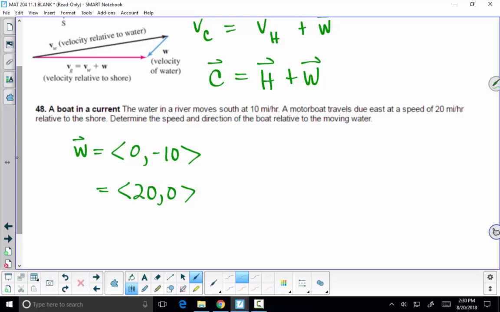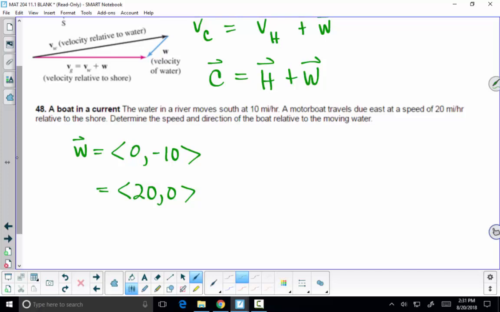So that's after the consequence of the current. So we're going to think about this as heading or course? Course, because that's where we're ending up, right? It says it's actually moving due east. So that's a pretty reasonable assumption to piece it together that way.